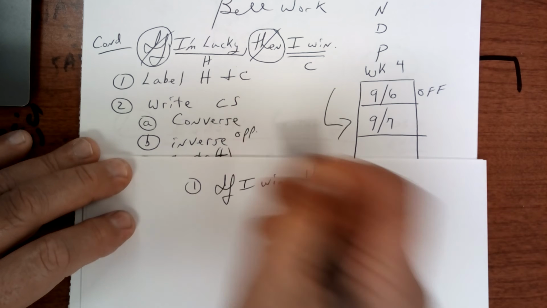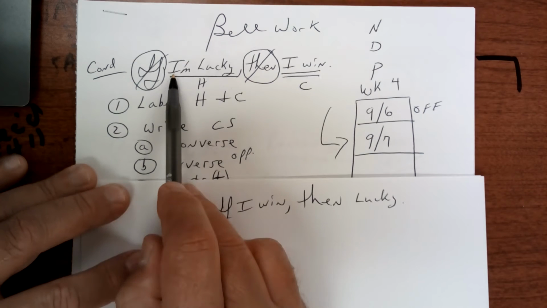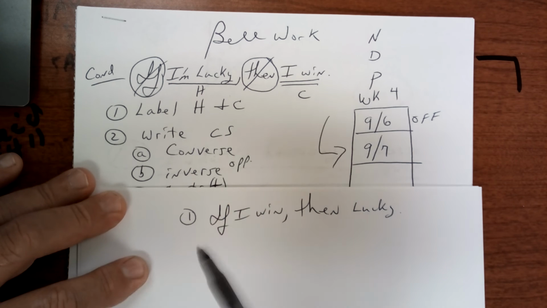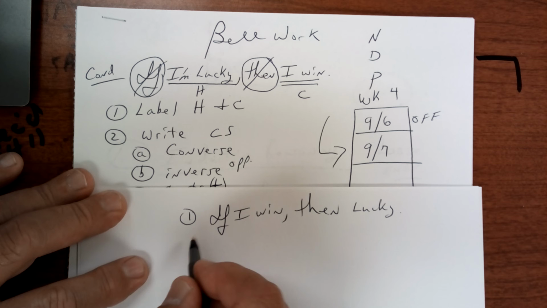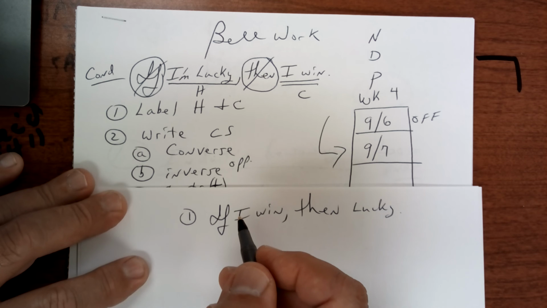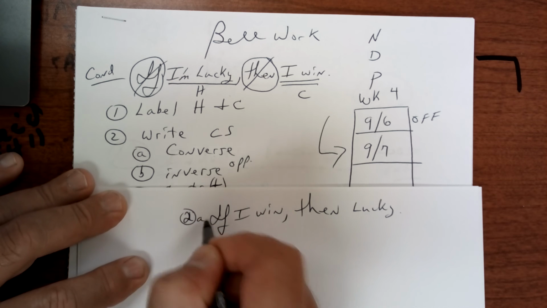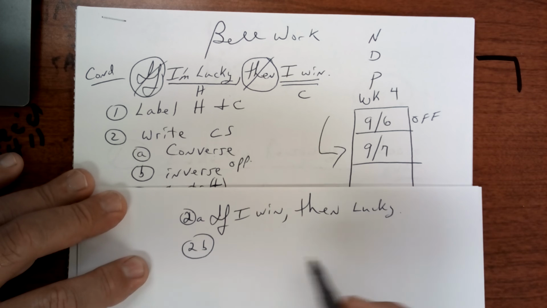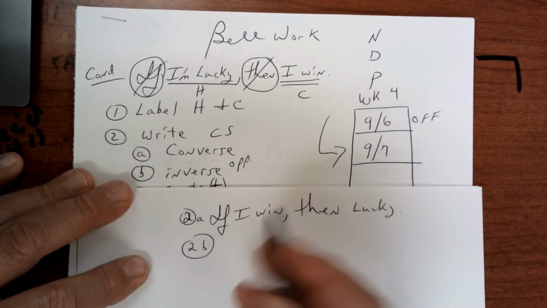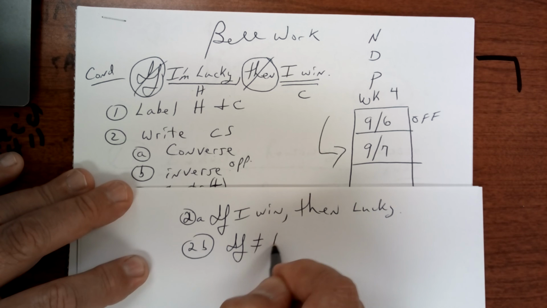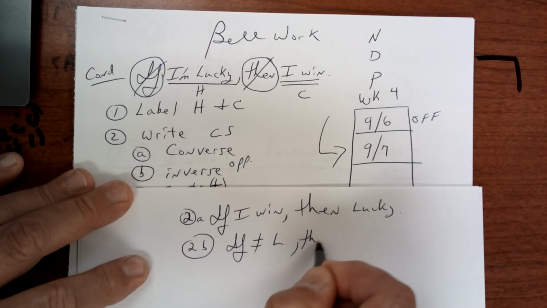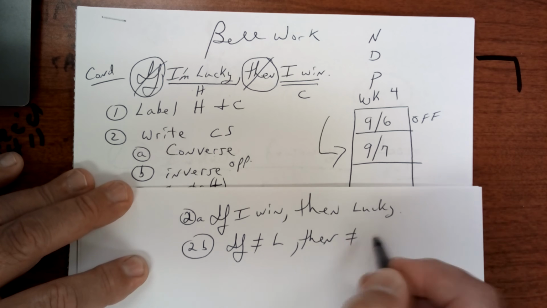So you're going to go back to the original conditional, 2a and 2b. So for 2b, you're going to do the opposite. So if I'm not lucky, then I will not win. And you would write all of that out.